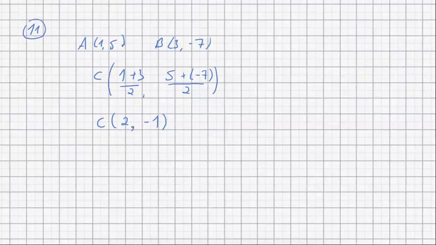Minus 2 divided by 2 is minus 1. That's not the end, but that's it for point C. Now keep reading.